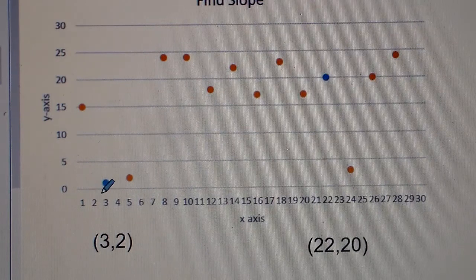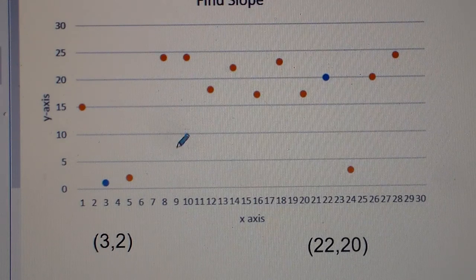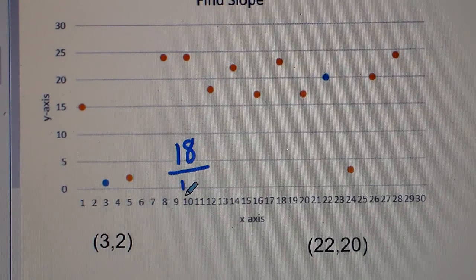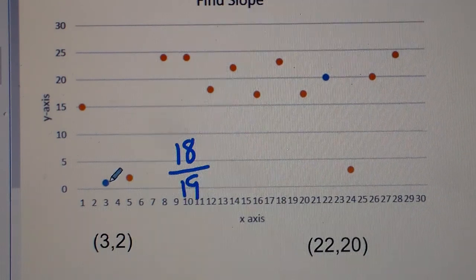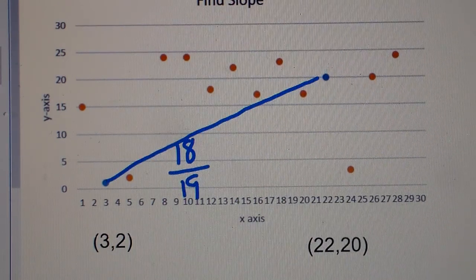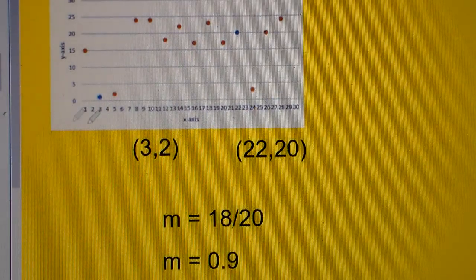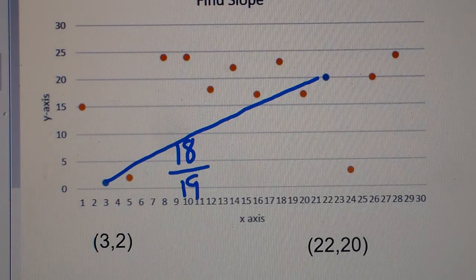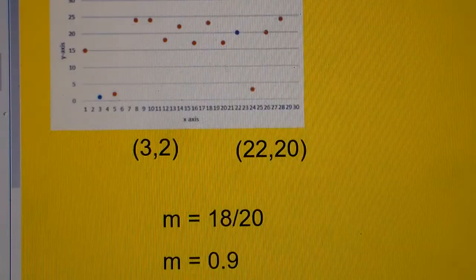This one's 3 to the right, 2 up. This one's 22 to the right, 20 up. So 20 minus 2 gets you 18. 22 minus 3 gets you 19, so it's 18 over 19, the slope between these 2 coordinates. Or 18 over 20. Ooh, that shouldn't be 18 over 20.